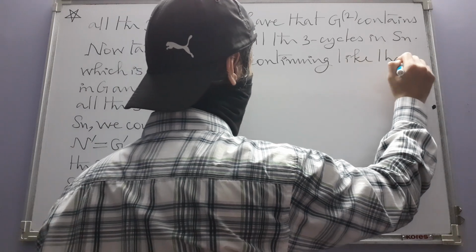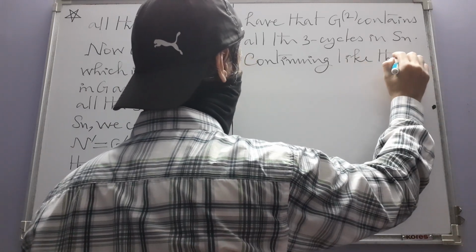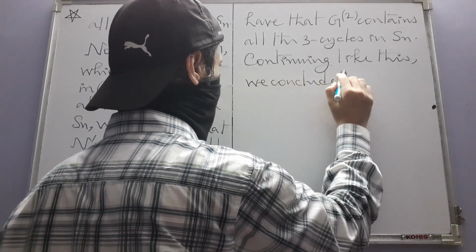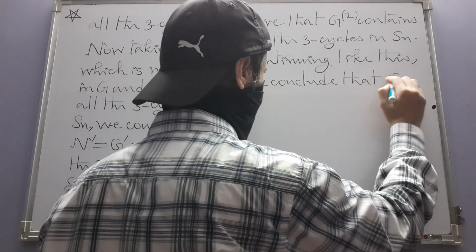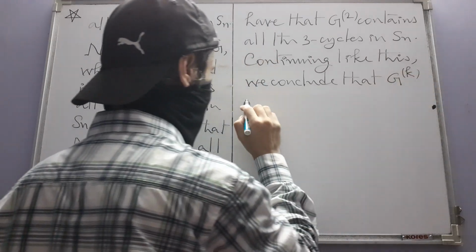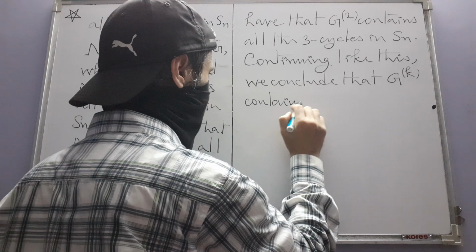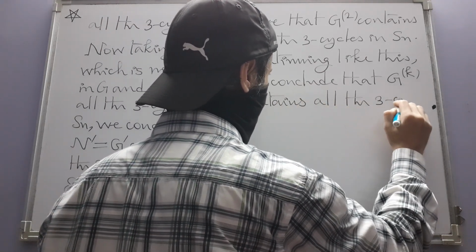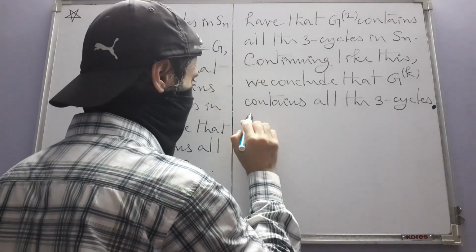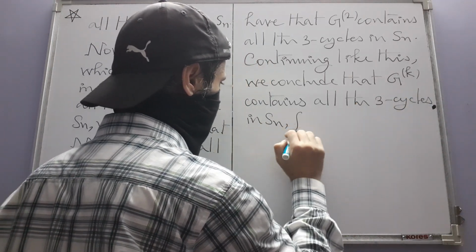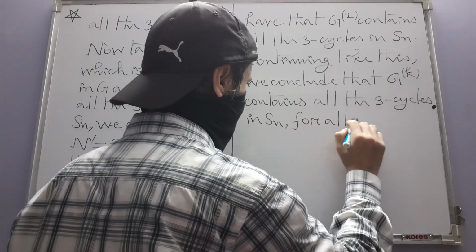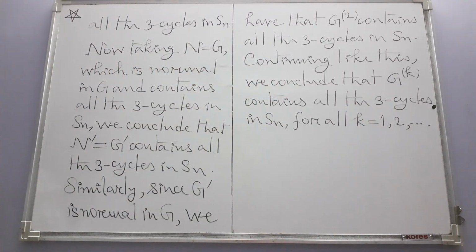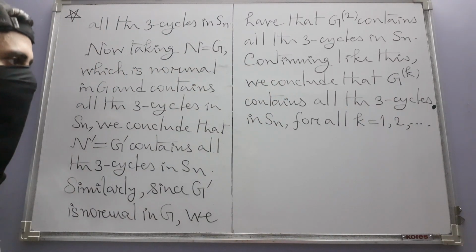Like this, we conclude that Gk contains all the 3 cycles in Sn for all positive integers k, and that's what we wanted to prove.